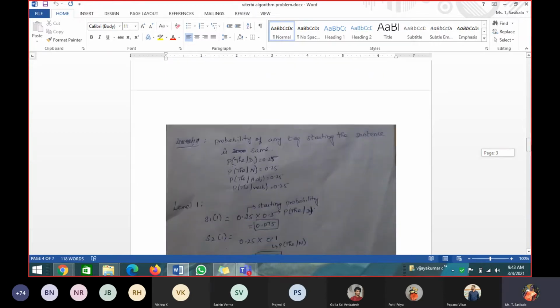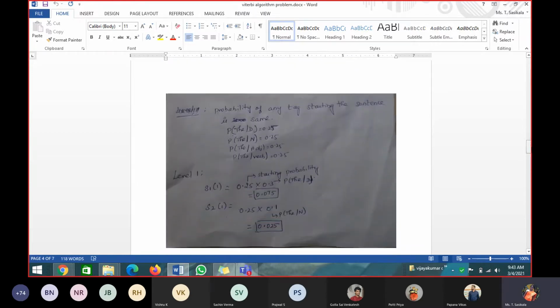So first I will take S1 of 1. It has no previous probability, so there is no tag transition probability. Since it is a starting word, you write the starting probability 0.25 into the word probability. The given determiner is what?